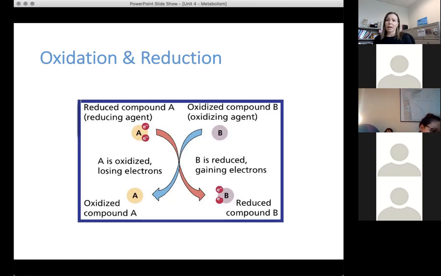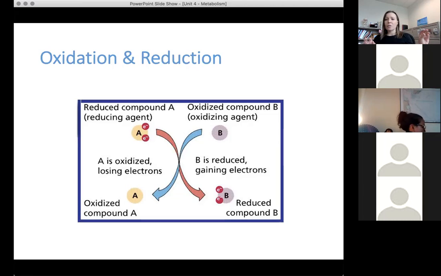Most times, these reactions happen simultaneously to two different molecules. You will have one molecule that's getting oxidized, you're taking away electrons and hydrogen ions. At the same time, you have another molecule that you're giving those things to. So that molecule gets reduced.